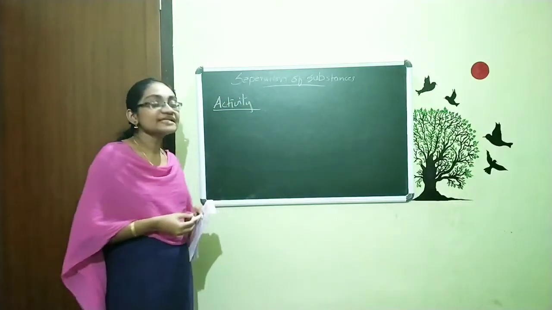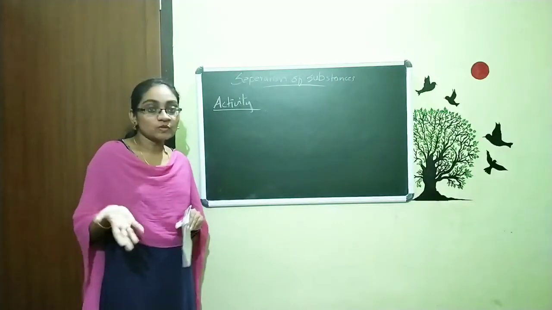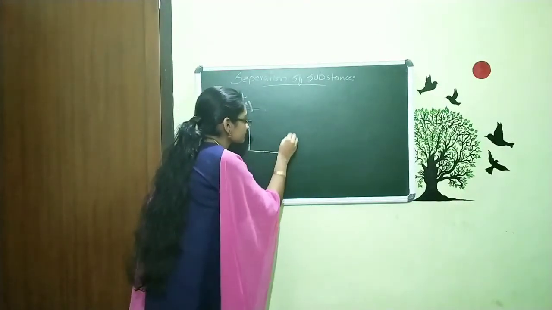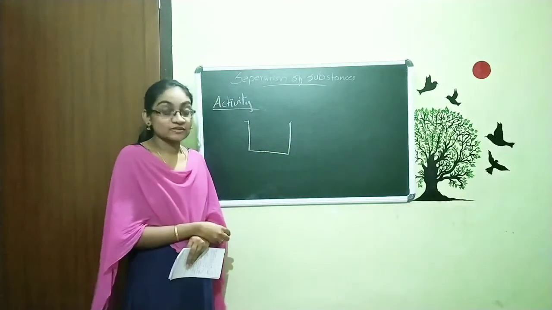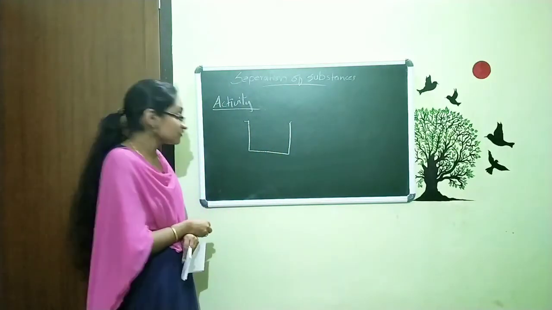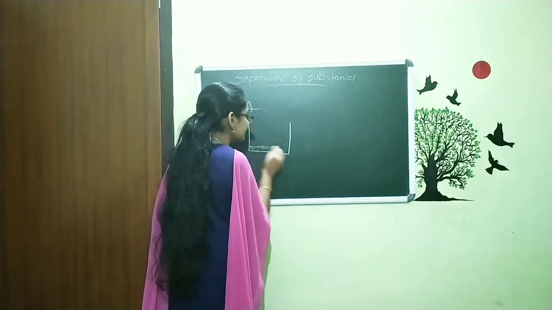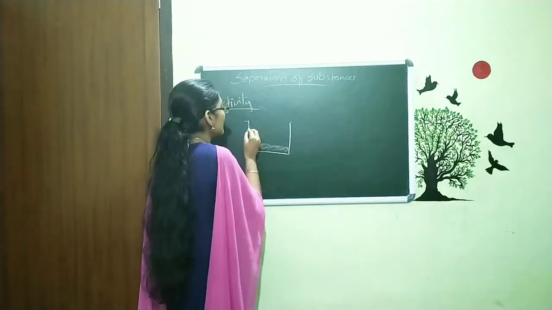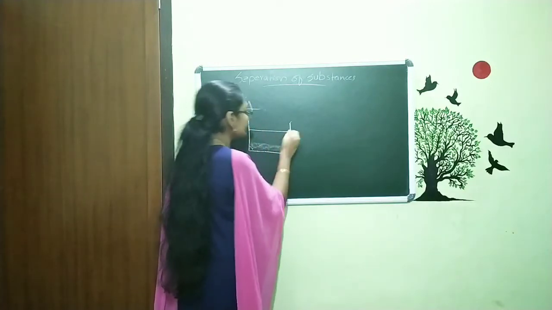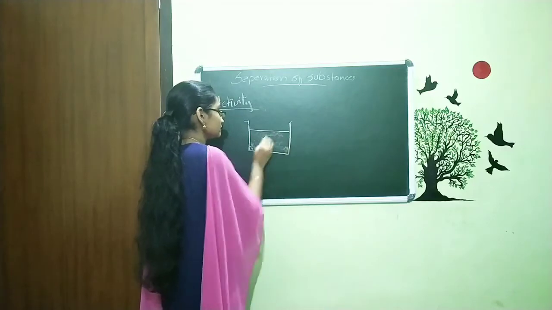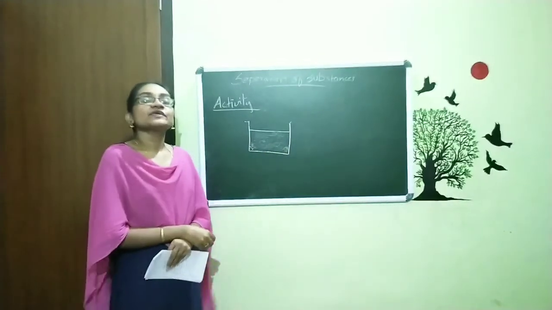In our homes, we know we wash our rice or pulses before cooking. We take the rice or pulses in a beaker, add water to this, and mix it. Why are we doing this?